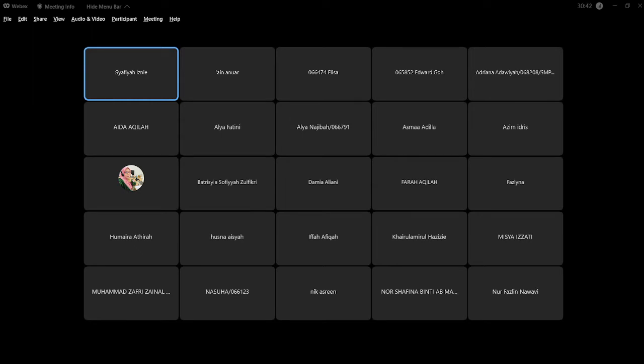So the net profit that we get is 23%, and what does it mean? Maknanya lagi 77% baki dia tu dia guna untuk bayar COGS, and baki dia tu net profit dia.